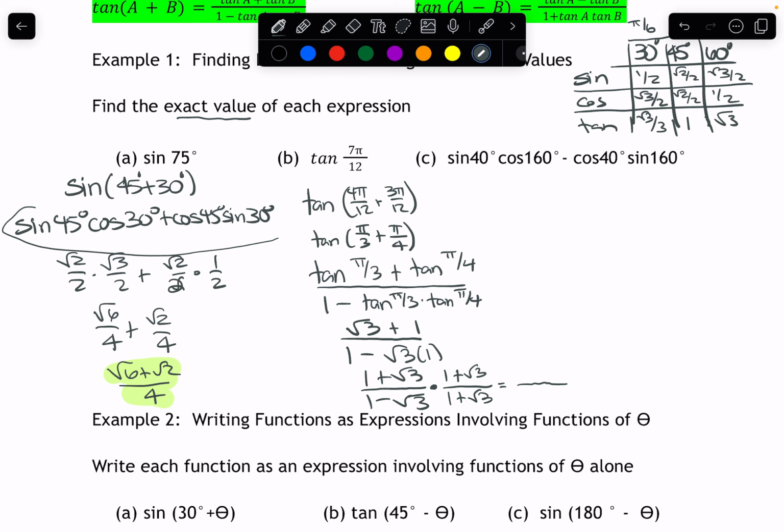So I'm going to keep going sideways on this. At the bottom, we're taking a sum times a difference, so that's going to be a squared, 1, minus b squared, which is 3, which will make that negative 2. At the top, we have a FOIL, so 1 times 1 is 1. 1 times square root of 3 is square root of 3. We get another square root of 3 when we do the inner, so that's 2 square root of 3.